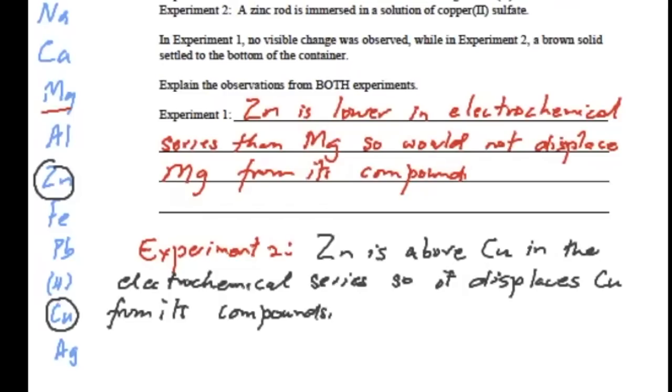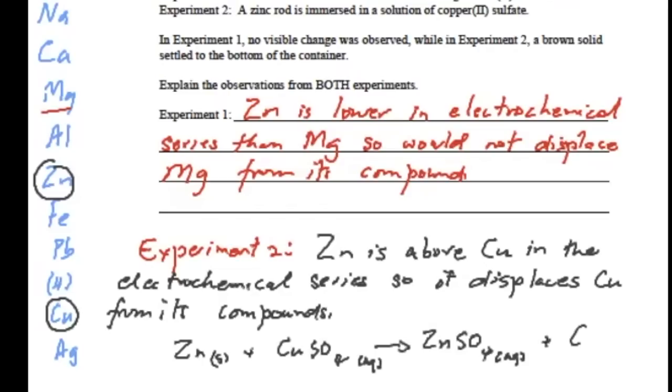We don't need the equation for this one. So zinc will now go into solution as zinc sulfate. And copper would be left standing alone, falling out to the bottom of the container. That will give us the full marks.